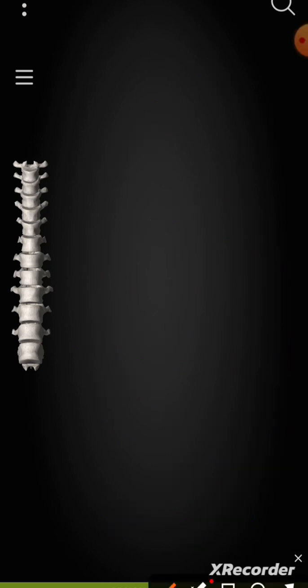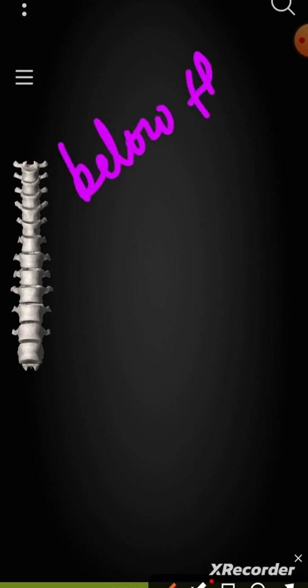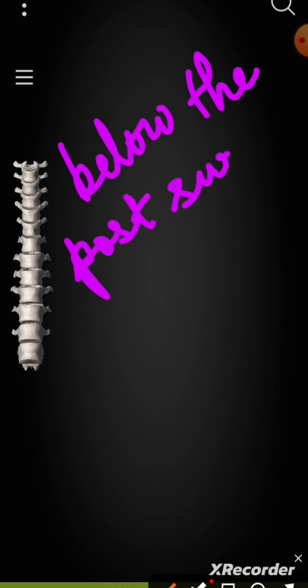From below, the posterior surface of the body is marked by many foramina for the basivertebral vein. Now if you see a real thoracic vertebra, just observe it from the posterior surface, below the posterior surface of the body.